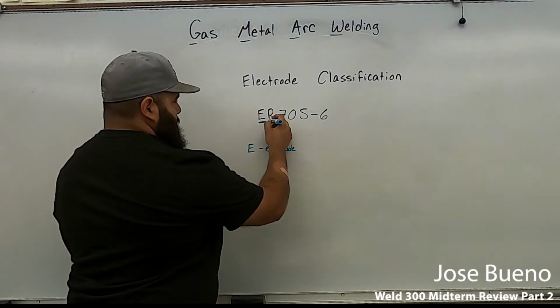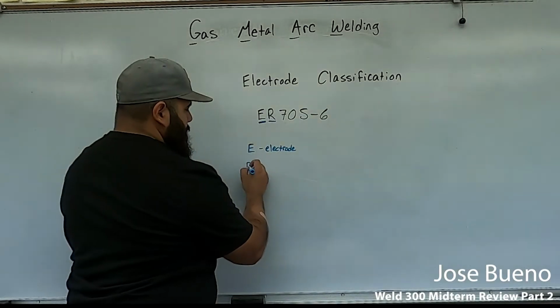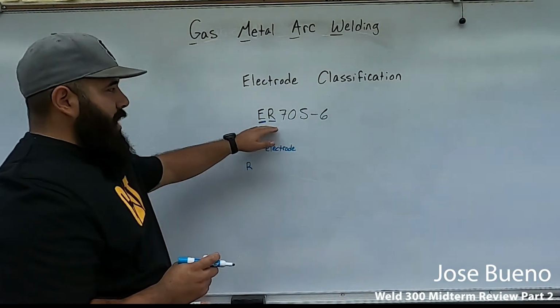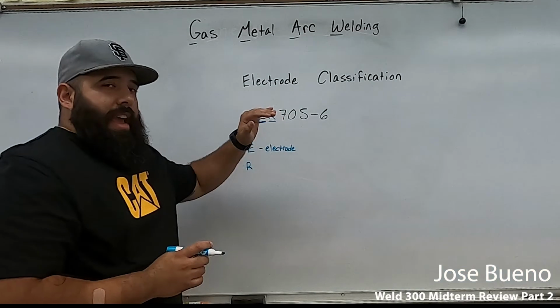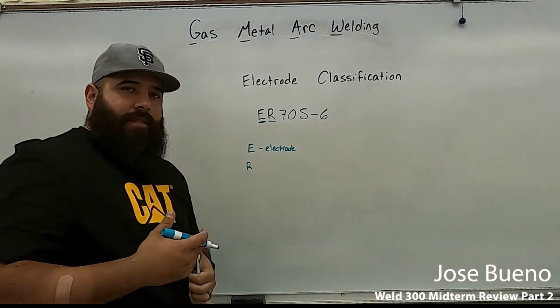Now we're going to see the letter R. This means that not only can we find this particular electrode as a wired electrode, but we can also find it as a filler rod.